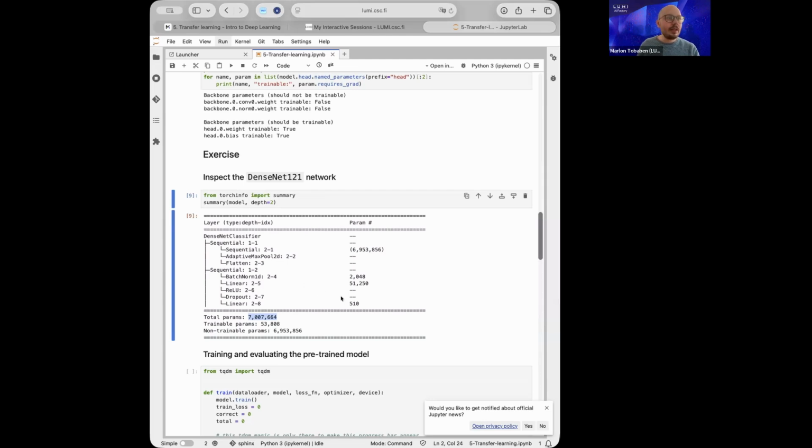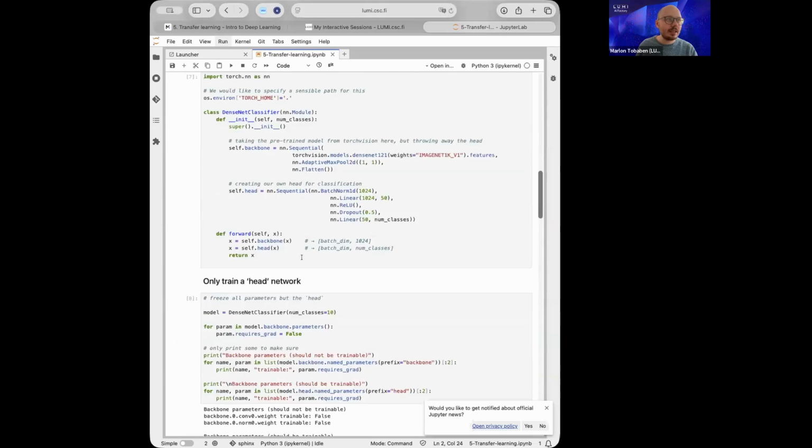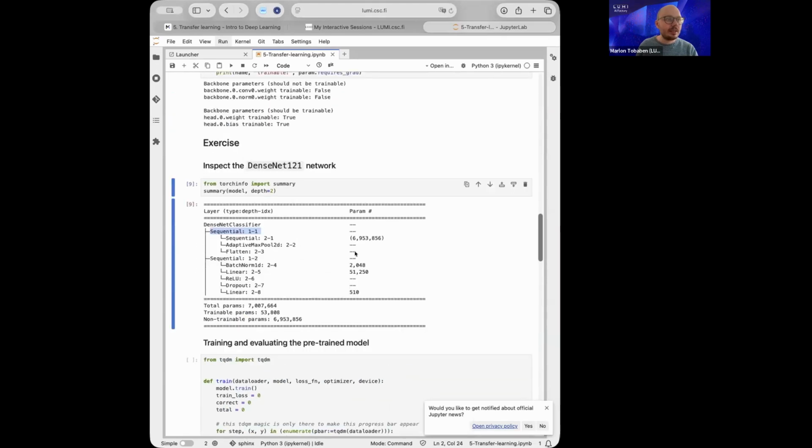Yeah, so I think you already touched on this, the head and the base or backbone. I think this is maybe not so easy to see in Torch, but based on the class we can identify that this is the backbone and this is the head here. And you can see these are in brackets, which I guess means in this case that they are not trainable. So basically we now have at our hands a very powerful model.